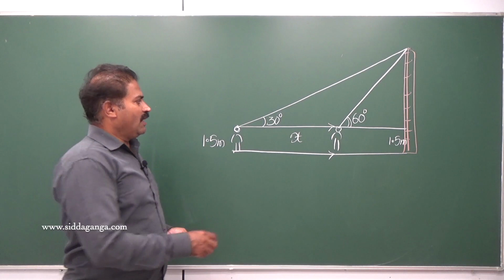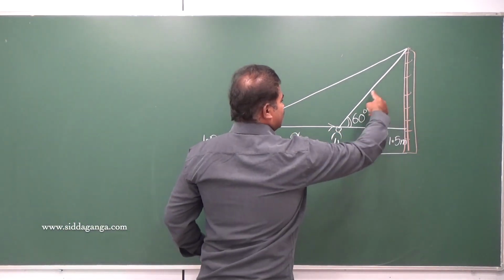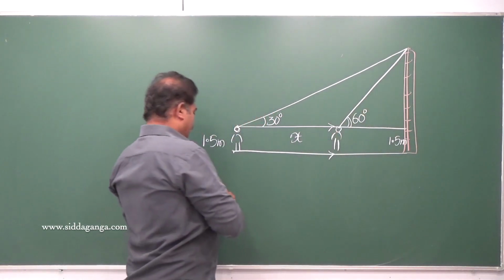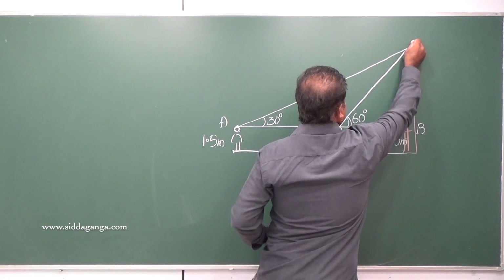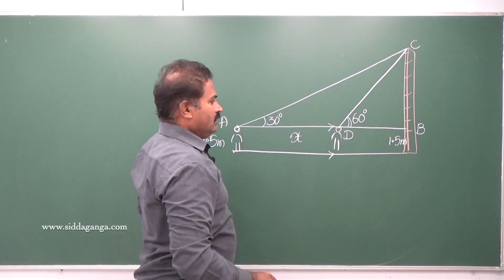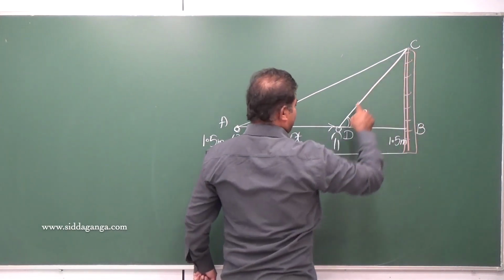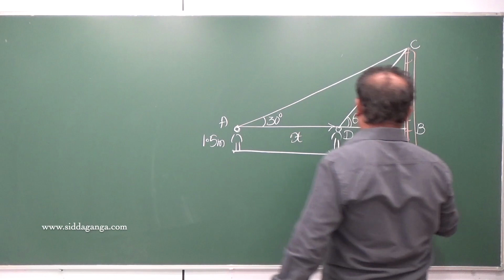Now, whenever you have 30 degrees, 60 degrees like this, first you need to deal with the 60-degree triangle. So we'll name this triangle A, B, C, and we'll consider this as D. So we'll first deal with the BCD triangle, in which you have 60 degrees and the height of this building.